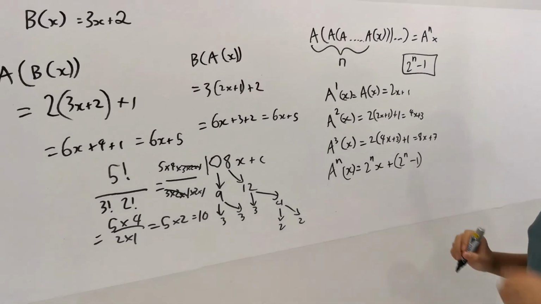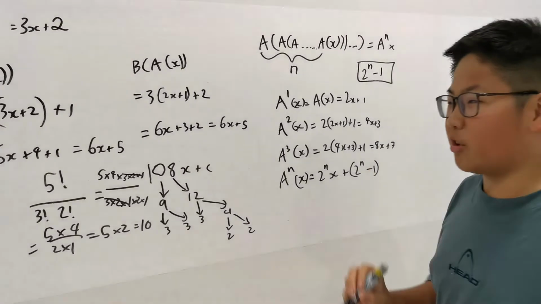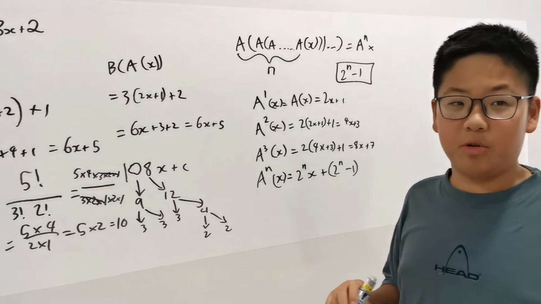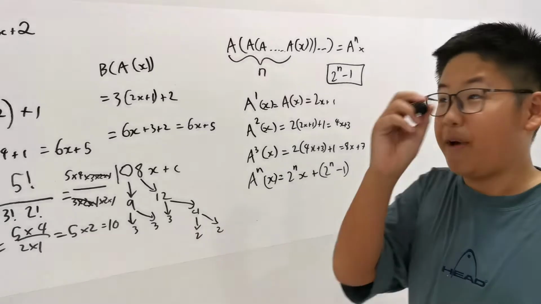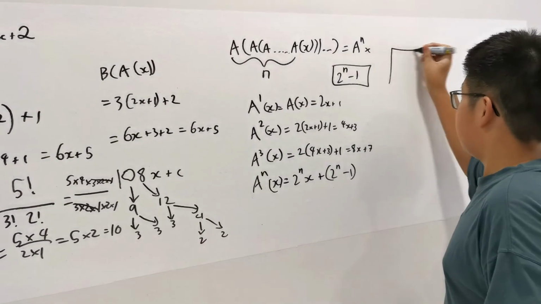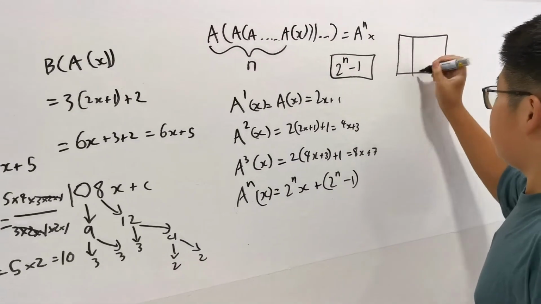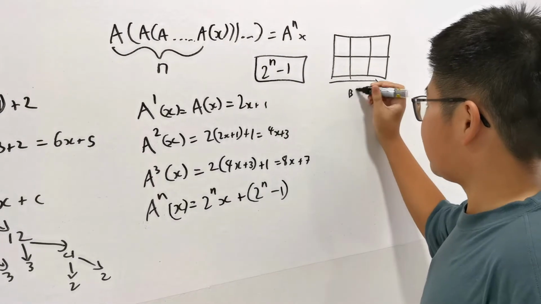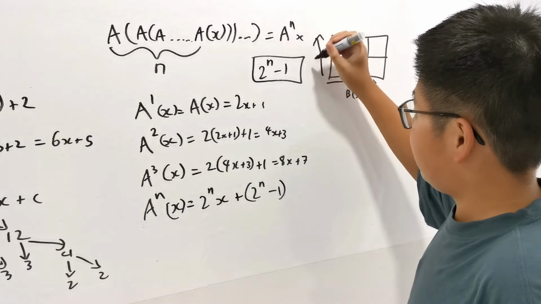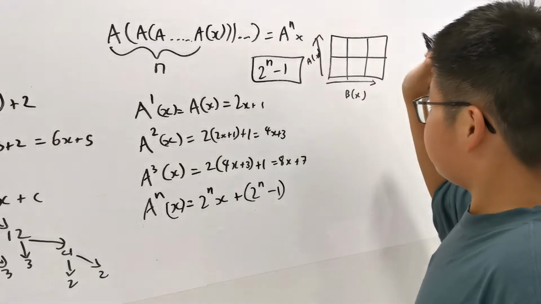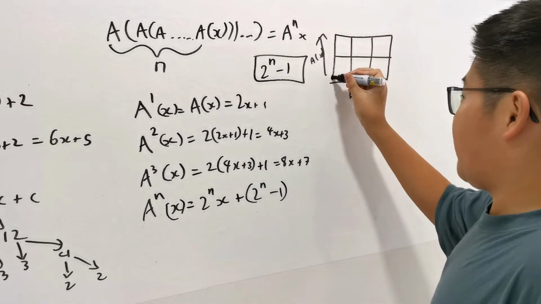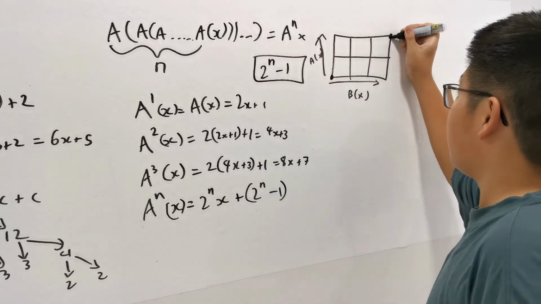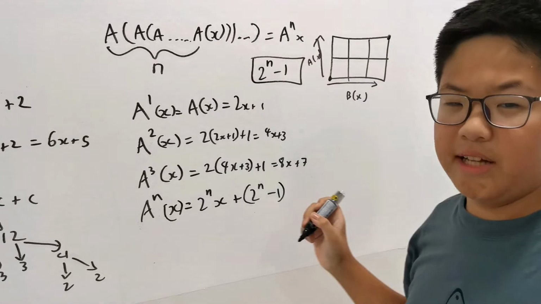Now, imagine we are doing part 4 of the question. Imagine a drunkard who is only allowed to walk up and right across, say, this way. Because you see, this is the b(x) direction, and this is the a(x) direction. So the drunkard needs to get from this point to this point. In how many ways can this be done?